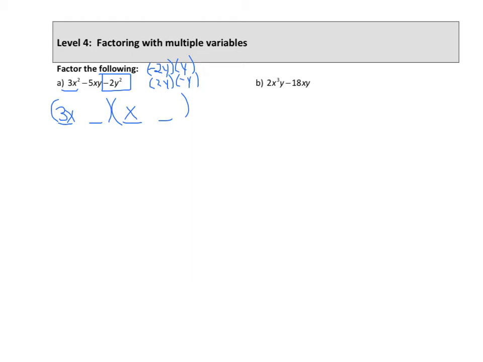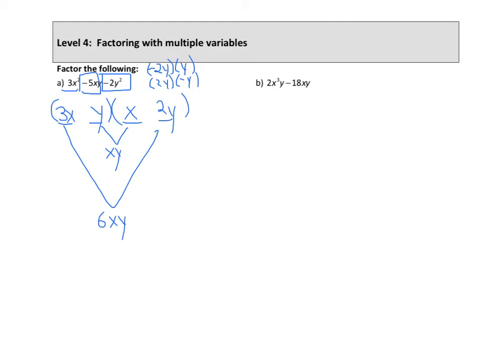I'm going to try the 2y here and the y here. And then I check and see if that works. Y times x is xy, and I multiply my outside terms. 3x times 2y is 6xy. And if I add these two together, I could have them equal negative 5xy if one of them is negative.